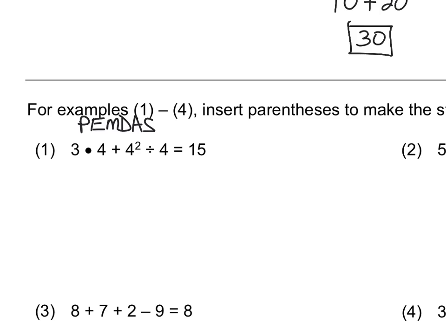But what we want to do is upset the order of operations, because parentheses automatically goes to the front of the line when you're talking about the order of operations. So when I do something like this, I think about what operation I would be doing last. The addition, exactly.